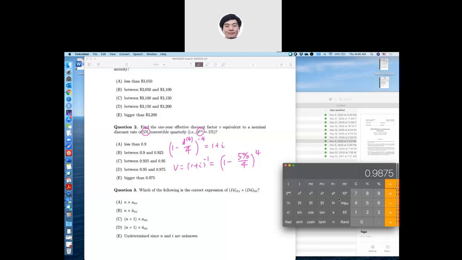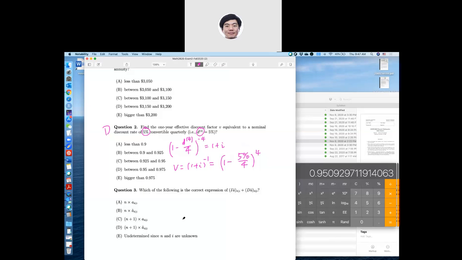Now let's take the 4th power. Okay, so we get the answer, and the answer is between these, so it's D. Right, so it takes 15 seconds.